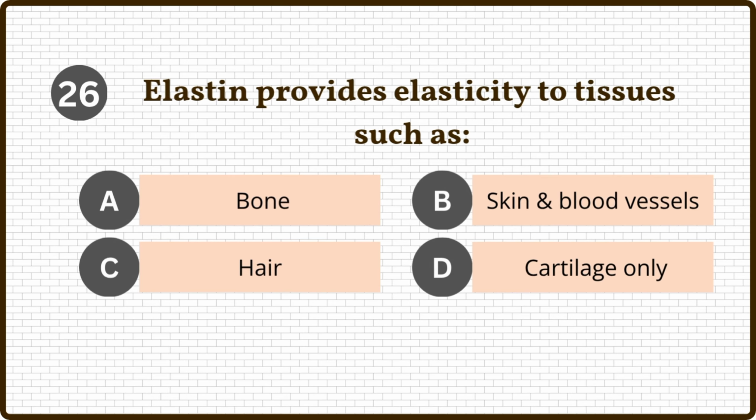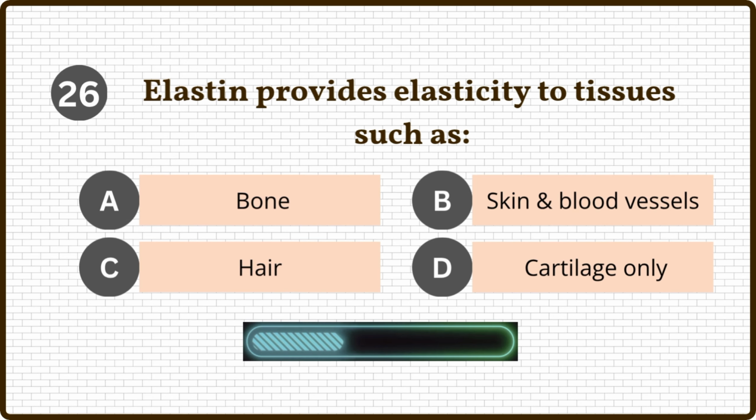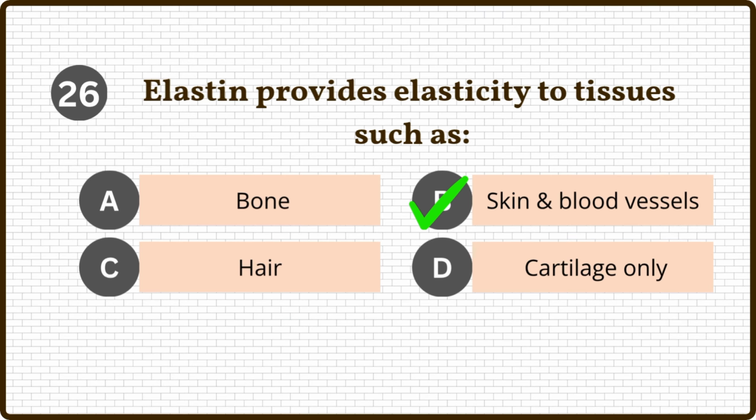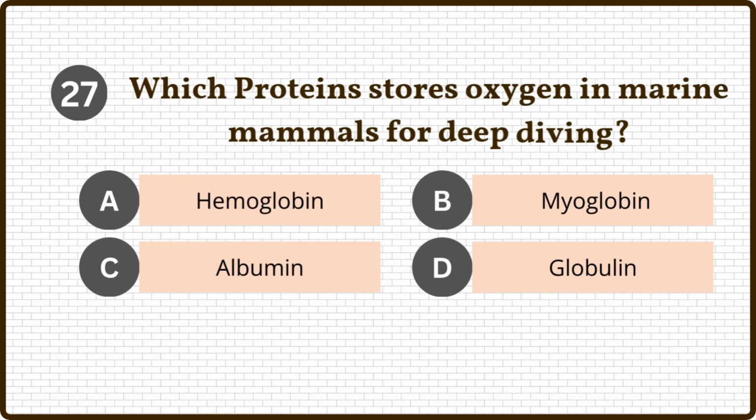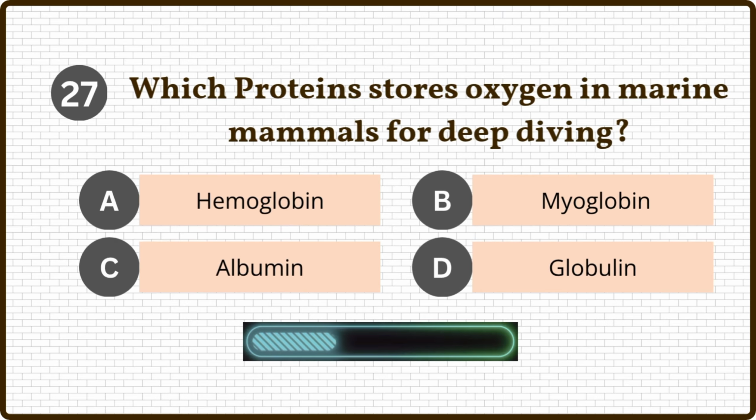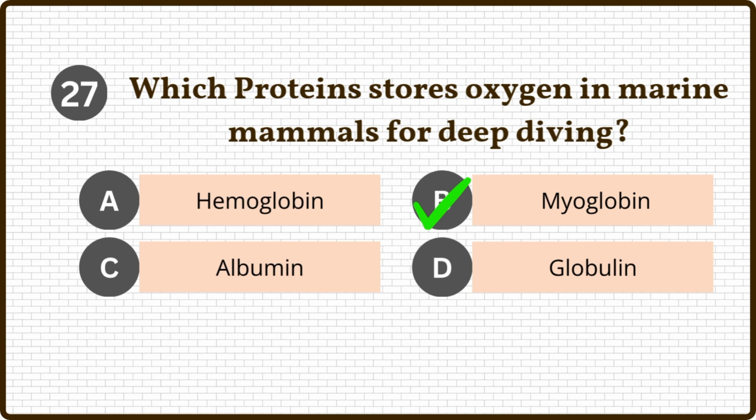Elastin provides elasticity to tissues such as skin and blood vessels. Which protein stores oxygen in marine mammals for deep diving? Myoglobin.